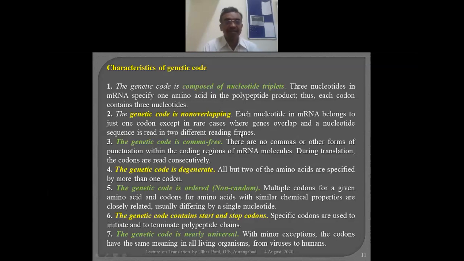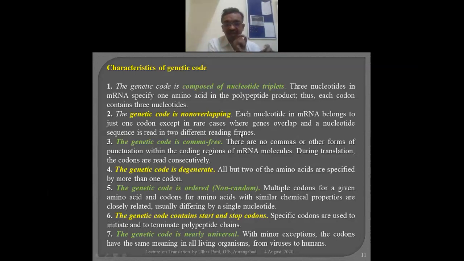Then next, the genetic code is comma free. The rule is that a triplet is always considered. Suppose one nucleotide is removed, then it is not so that only two will get read; immediately the third will be there. It means there is nothing like a comma. Means one word is removed. For example, in the same example of a sentence, suppose I vanish one letter, we generally still read the other words as they are.